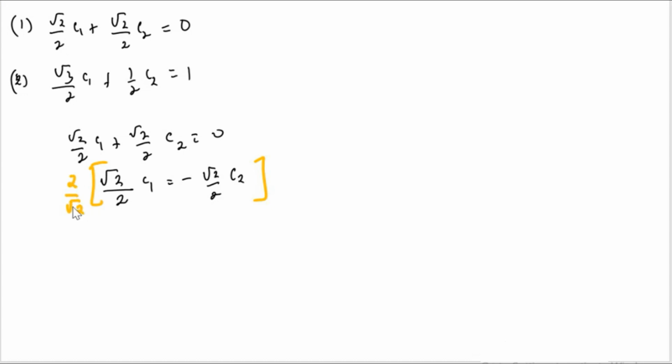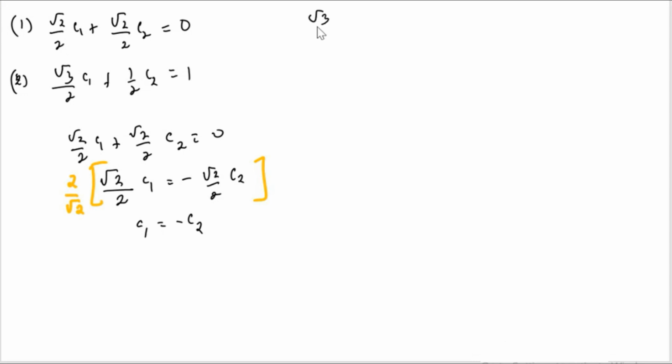Multiplying 2 over square root of 2 times square root of 2 over 2 of c sub 1, this gives c sub 1 is equal to the negative of c sub 2.